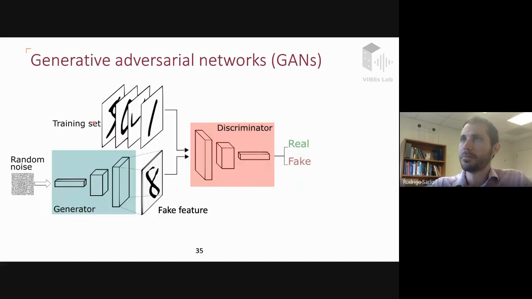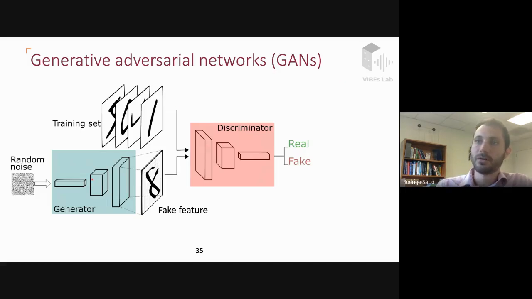What we came up with is leveraging the idea of generative adversarial networks, or GANs. If you're not familiar with GANs, the way they work is that it's a competitive game between two deep neural networks, a generator and a discriminator.